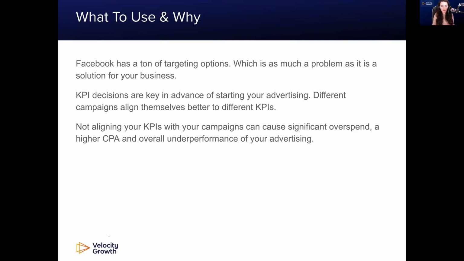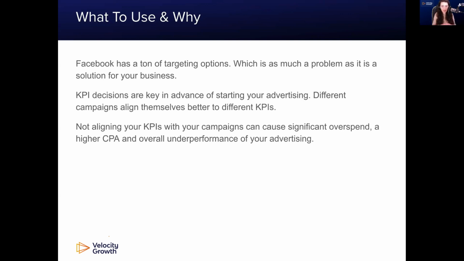And that often comes back to your problem solution fit. So if you have a problem that has a known solution, for example, awareness of that solution may not factor into your KPIs as much as if you have a brand new solution to a problem that people are unaware of. They don't know that that solution exists. And you have to factor in, well, I need to make people aware first.